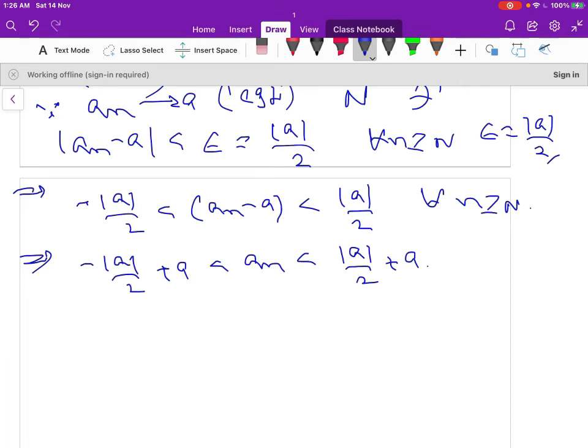Adding a to both sides of the inequality, we remove the modulus here.